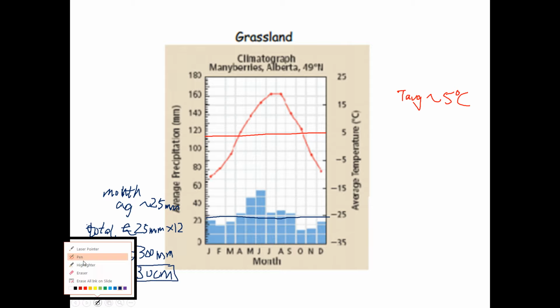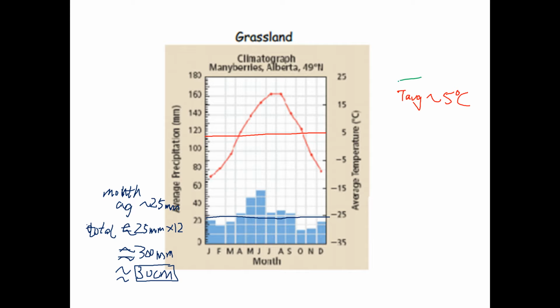Remember, our grassland region is somewhere around 4 degrees average temperature to 18 degrees, at least for our definition.